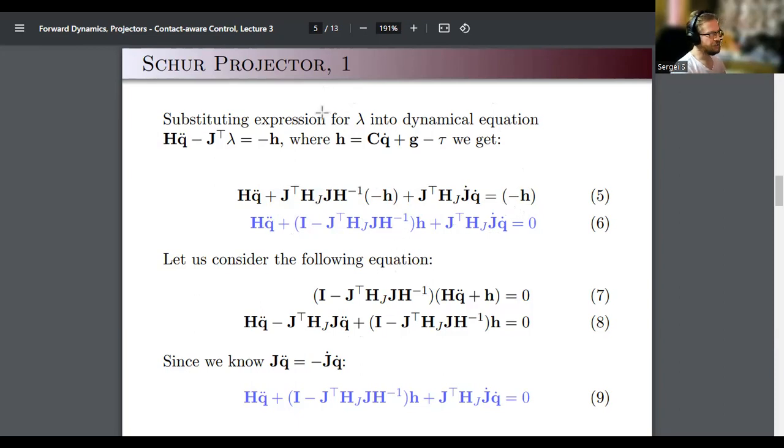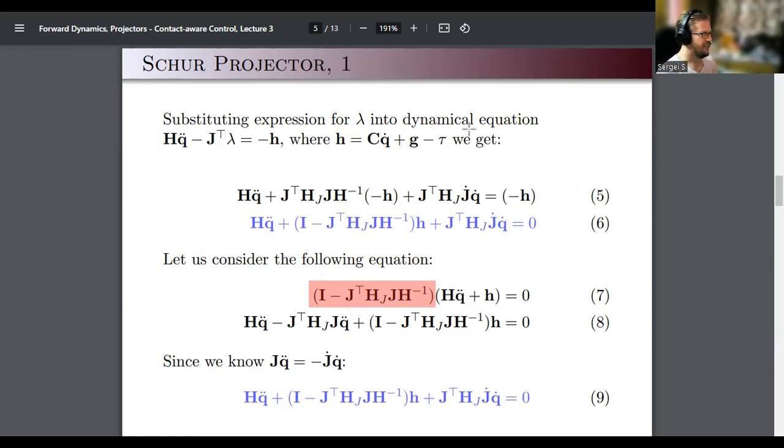Now, what I propose is to consider a different equation. This is nice, we will keep it in mind, but let us now consider a different one. It looks like this: I minus J transpose H sub J, J H inverse, times what looks like a manipulator equation.